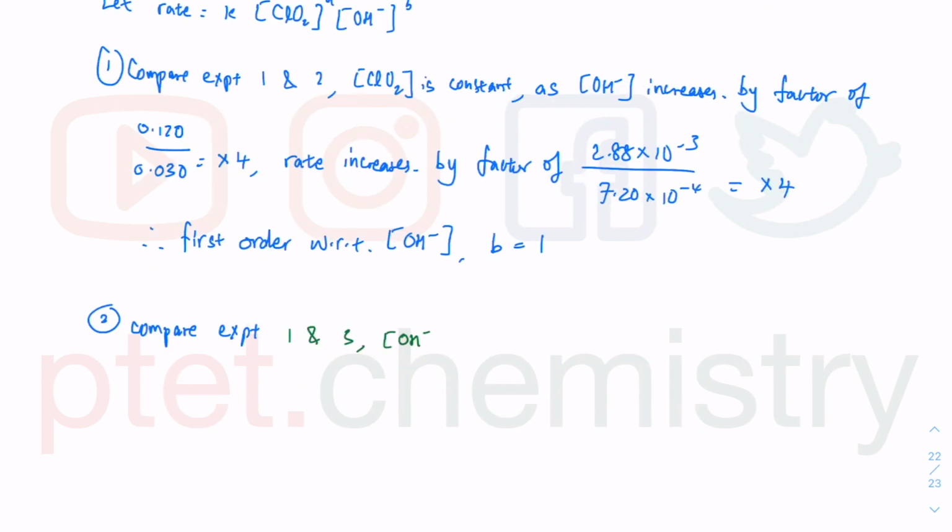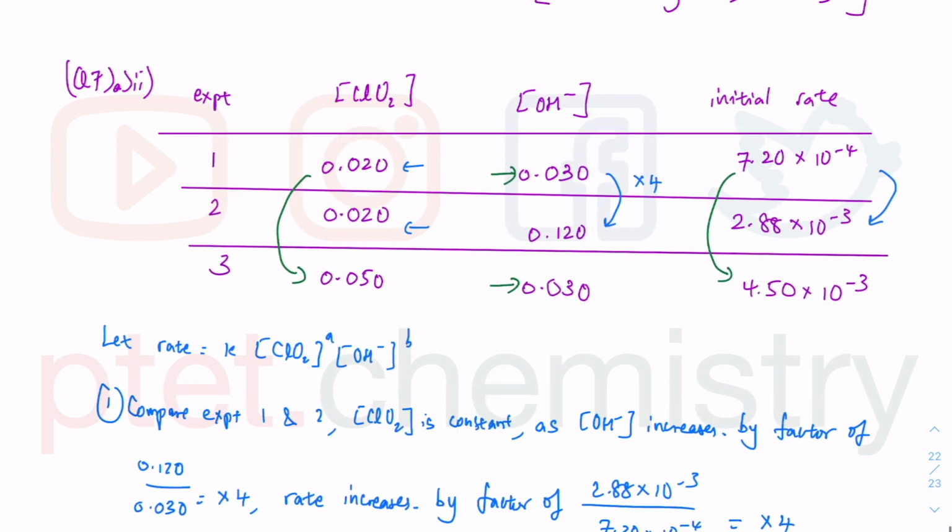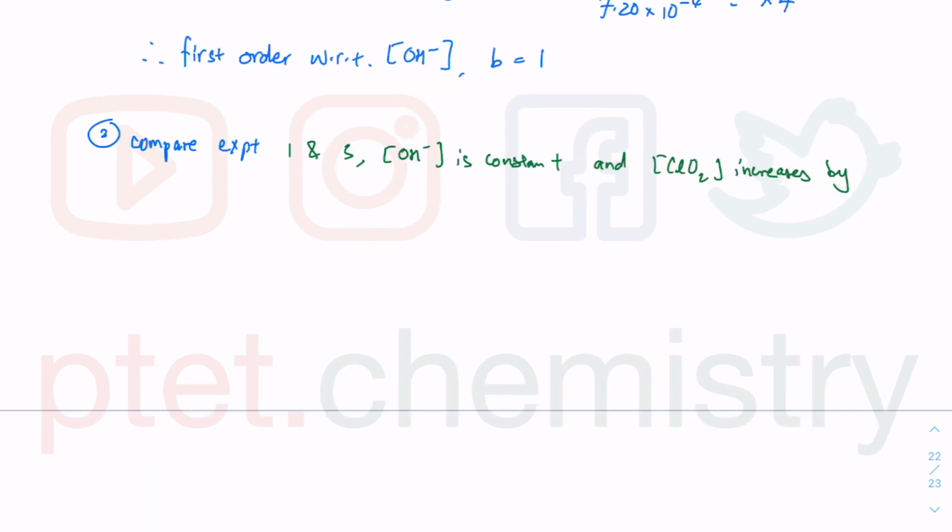When the OH minus is constant, can't even write constant properly, and the ClO2 increases by a factor of 0.050 over 0.020.